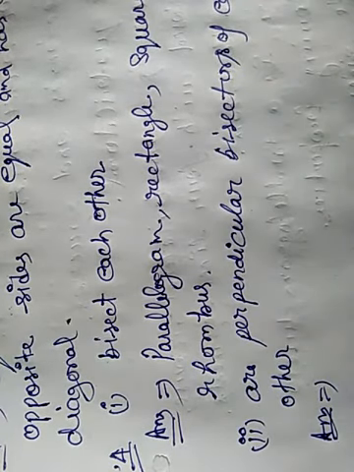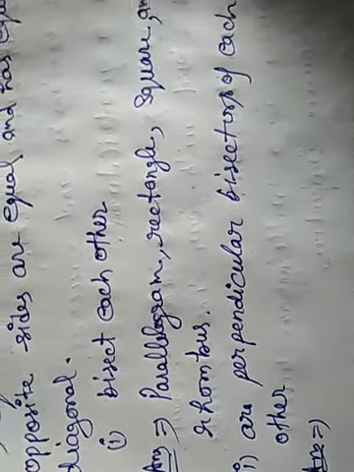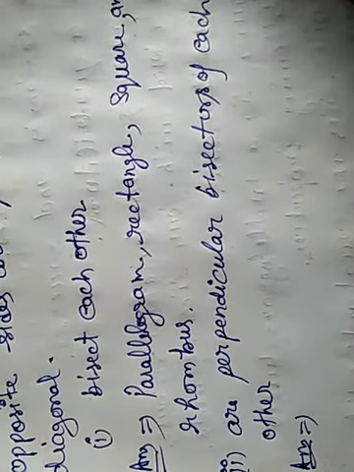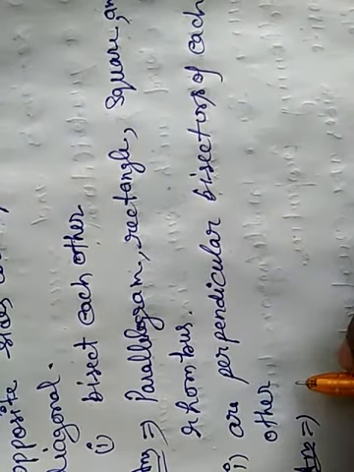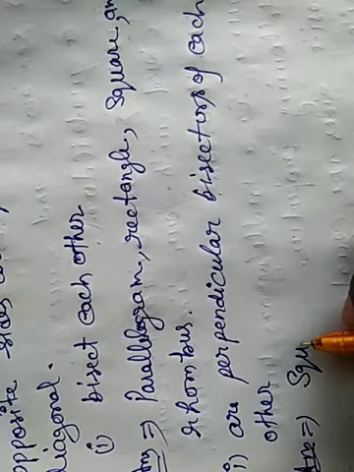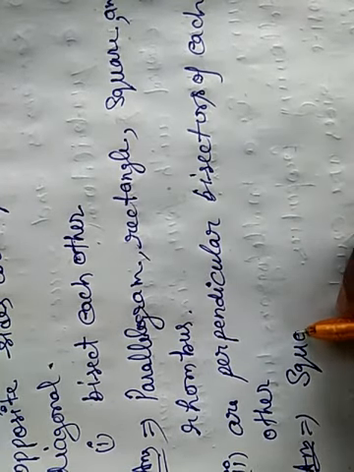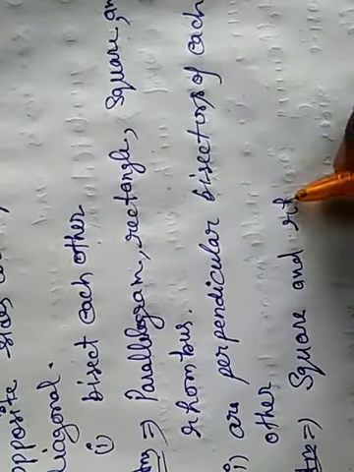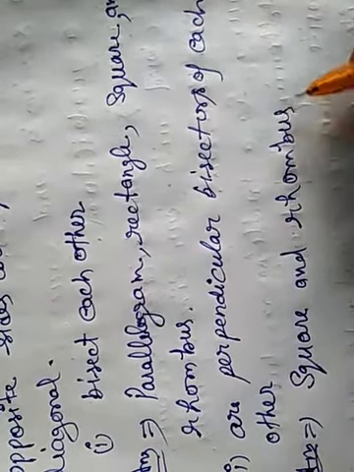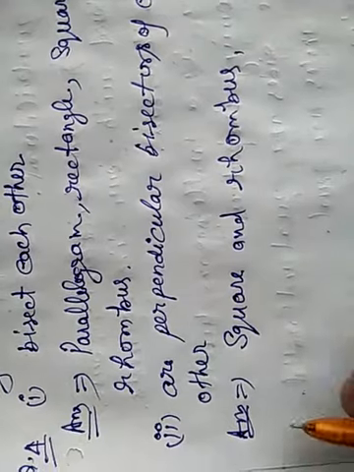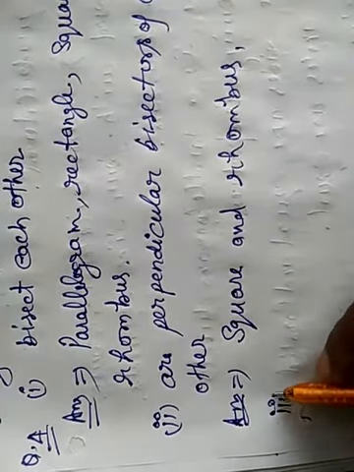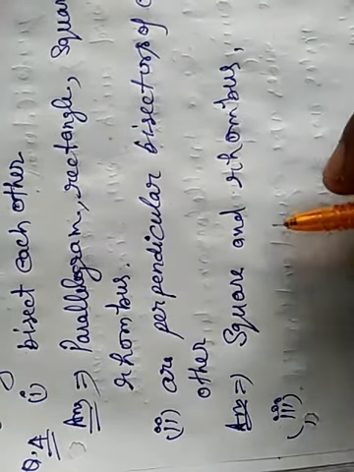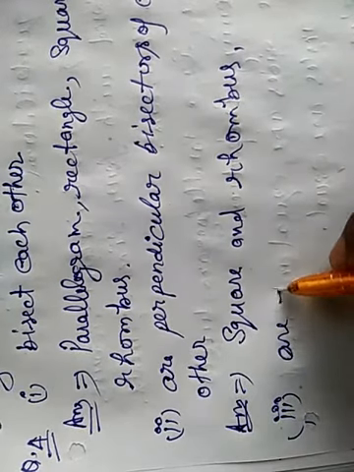So you know very well, in a square and in a rhombus, diagonals bisect each other at 90 degrees. So square and rhombus. After this, third part, and third part is are equal.